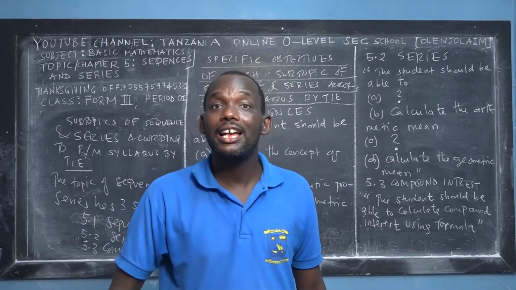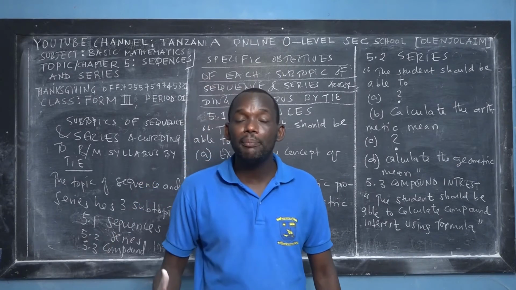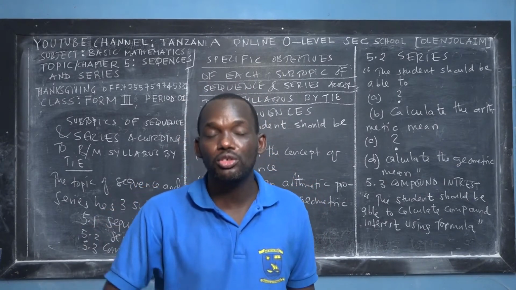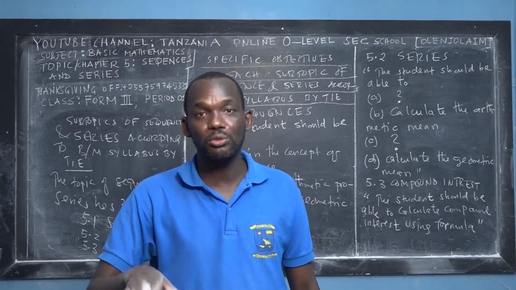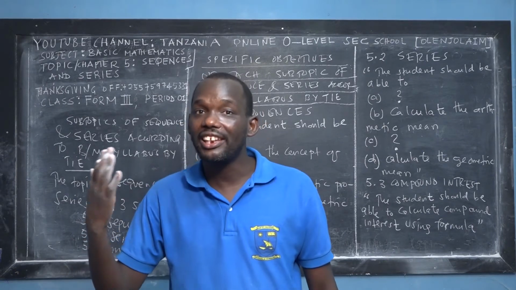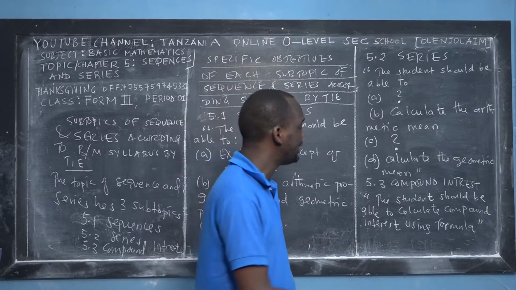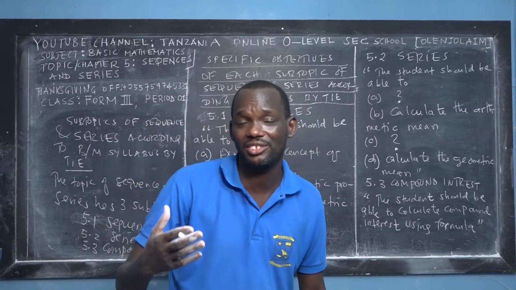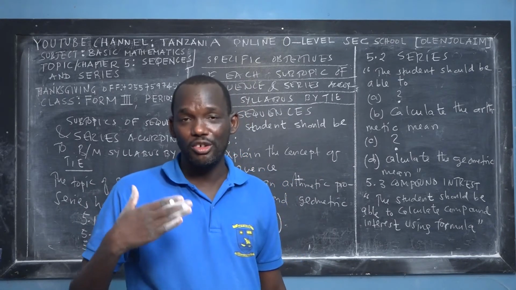So you should be happy that now at least you can solve basic real life problems by using the concepts of sequences and series. Especially this part, because we'll be learning about money and finance, which are components of human life.